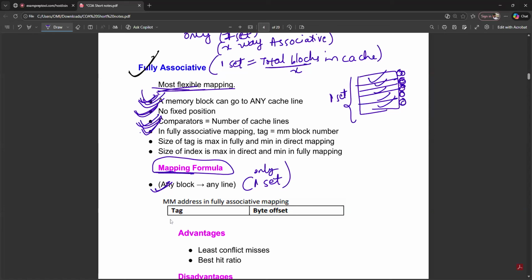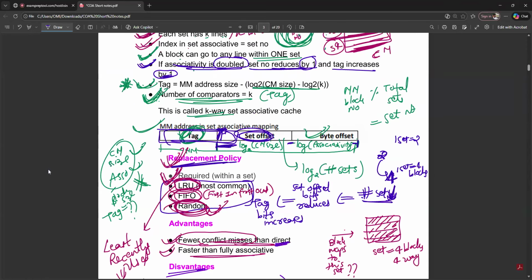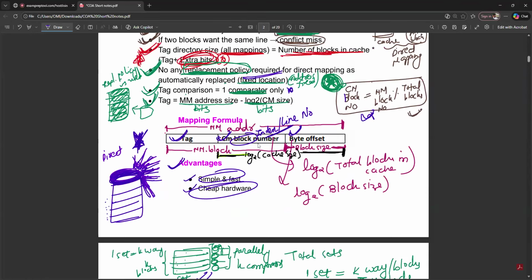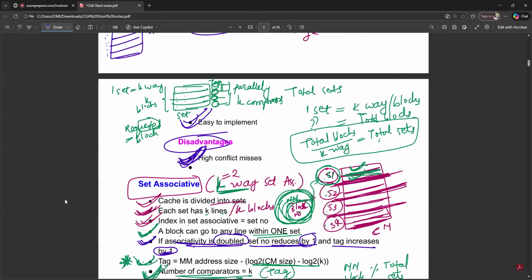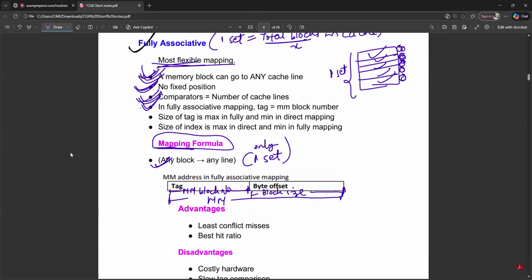If this is the main memory address, I told you that you divide by the block size, and whatever bits remain are the main memory block number, as in the direct mapping.